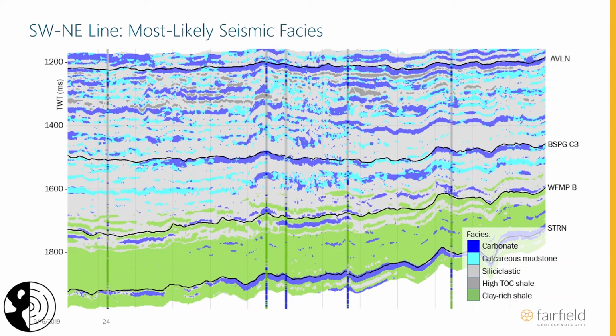It's definitely not the target to land in because it's going to kill the drill bits. Oh, absolutely. We know that. This whole package of reservoir here is insane. This siliciclastic in light gray, and then a high TOC shale in a slightly darker gray, and then you have a calcareous mudstone, which means it fizzes, but there are no fossils.